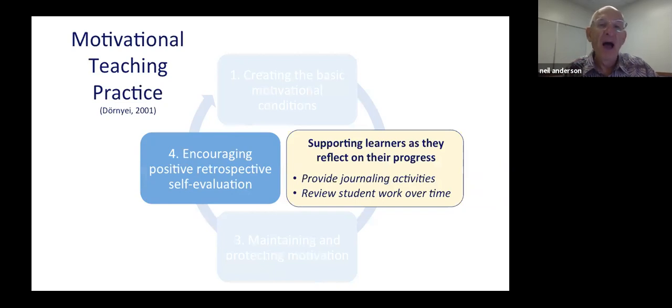We want to provide a positive environment for students to be engaged in journaling and to reflect and review their student work, particularly if they are making mistakes in the classroom. We want a positive opportunity to use the errors that are generated in class to propel us forward in our language learning process. That's great.